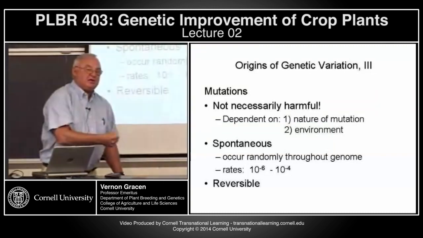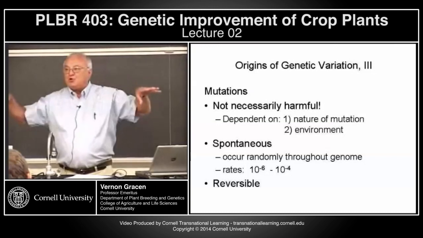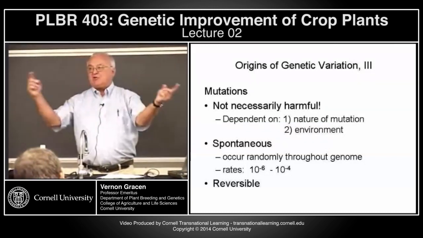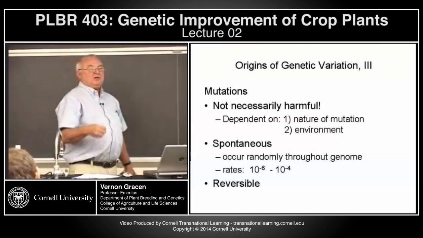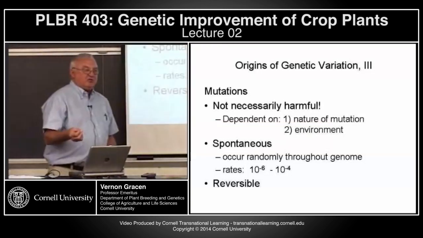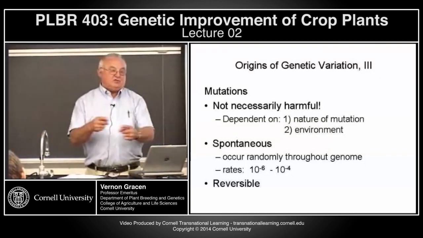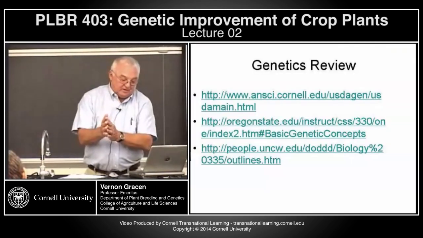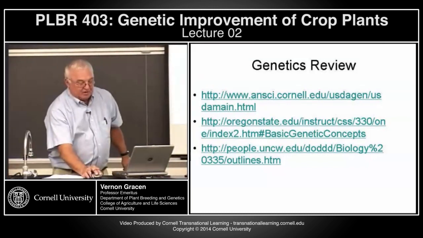Independent assortment probably accounts for a larger proportion of genetic variation in a cross between two distinct individuals. Recombination probably accounts for the majority of the new recombinants of genes, or the new individuals with genetic variation.